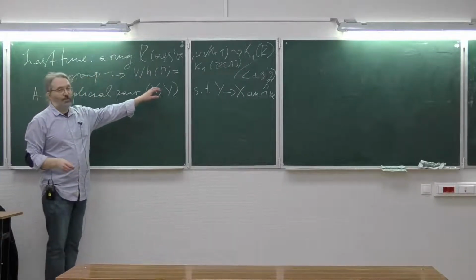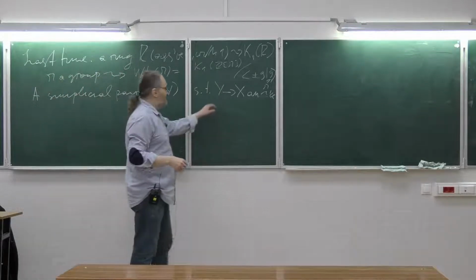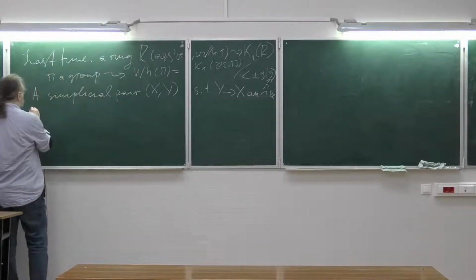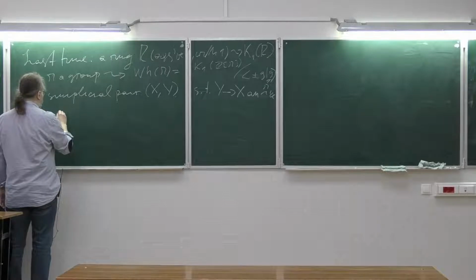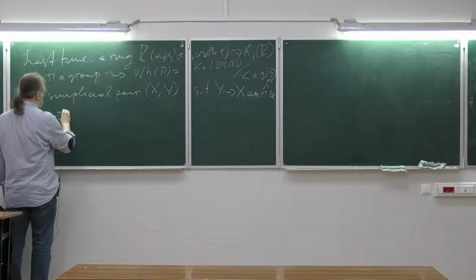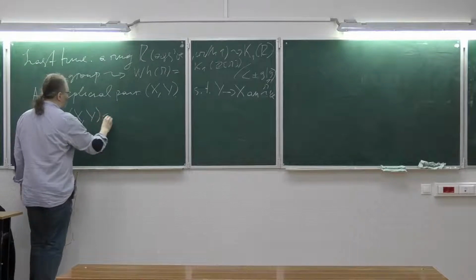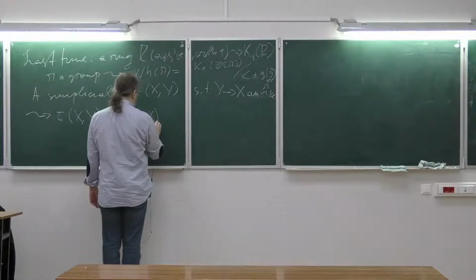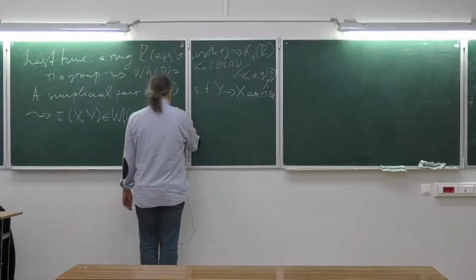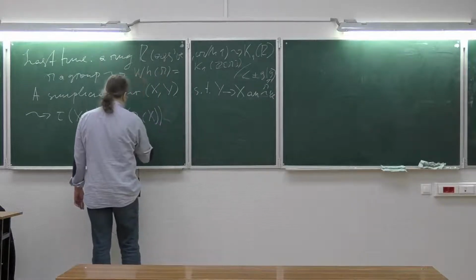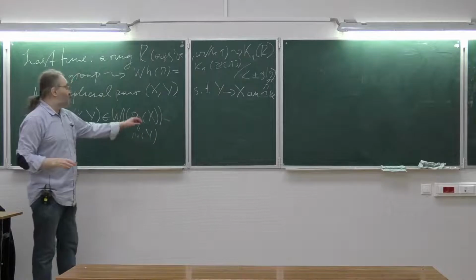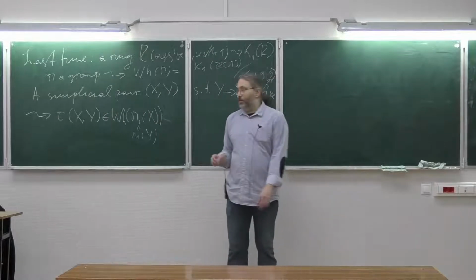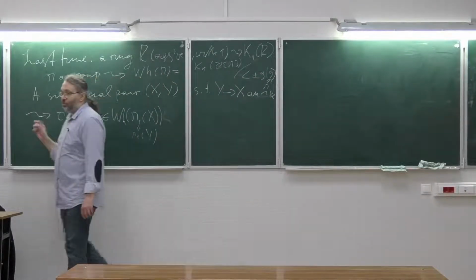The point is this: if we have a simplicial pair such that the inclusion is a homotopy equivalence, we constructed an element of the Whitehead group, which is called the torsion of the pair.